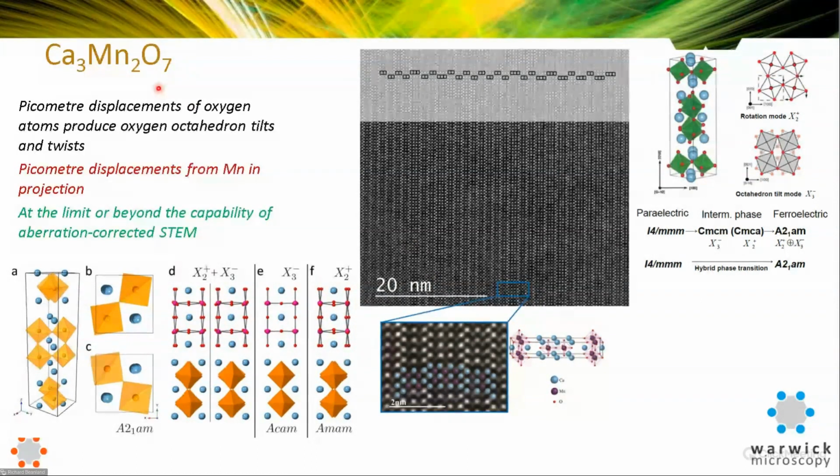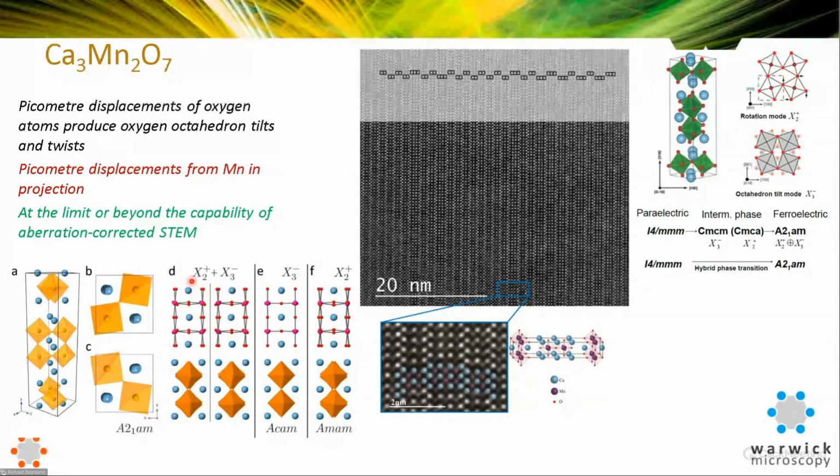It's a Ruddlesden-Popper material, so it's blocks of perovskites which have got a rock salt stacking fault, which occurs every 2 unit cells. So you get this shift between each perovskite block. In the perovskite structure, you've got these oxygen octahedra, and these oxygen octahedra can tilt and rotate, usually described by distortion modes.